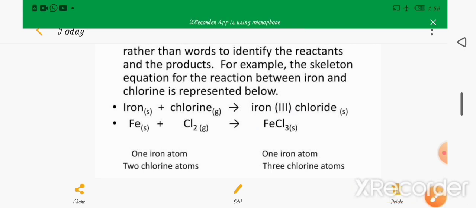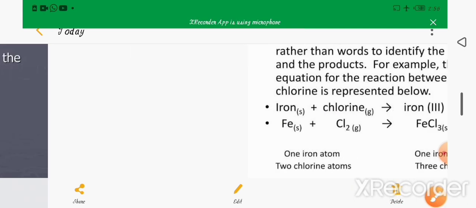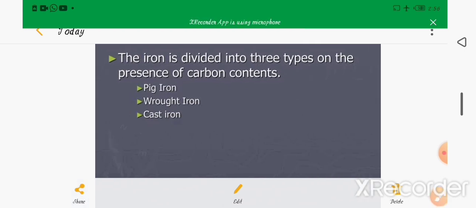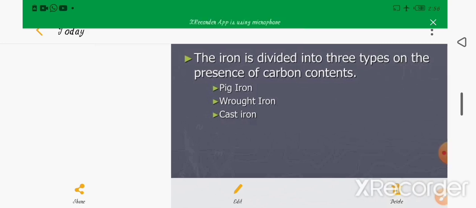Next, we go to types of iron. Iron is divided into 3 types based on the presence of carbon content: pig iron, wrought iron, and cast iron or steel. Next, we see the percentage of carbon and their uses.